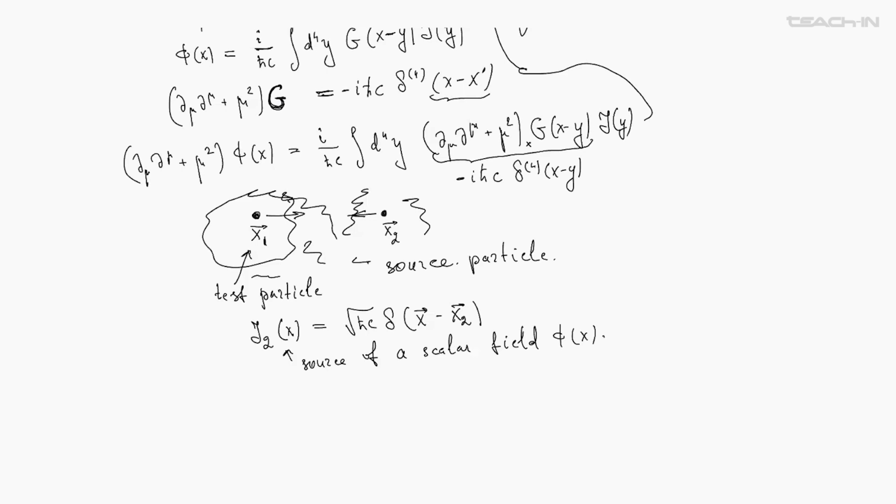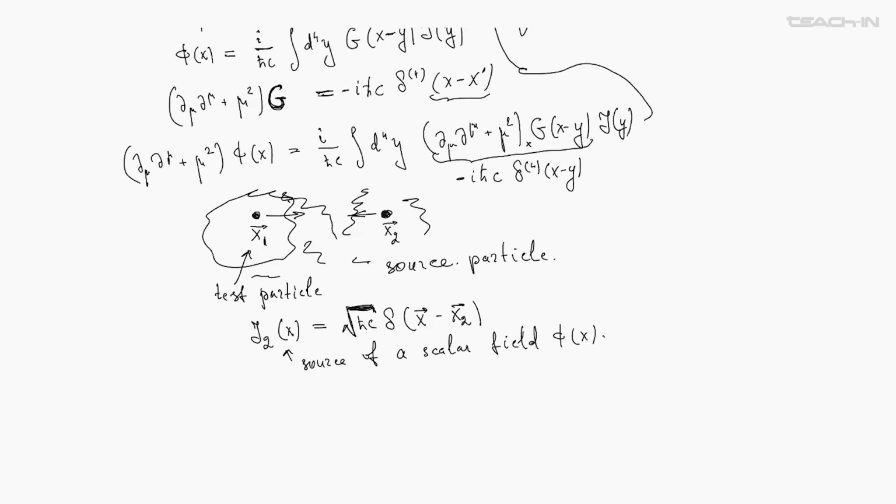When x is equal to x2, then you are on the support of this delta function, and the magnitude of this source is proportional to electric charge, to a quantity with the dimension of electric charge, so square root of h bar c.